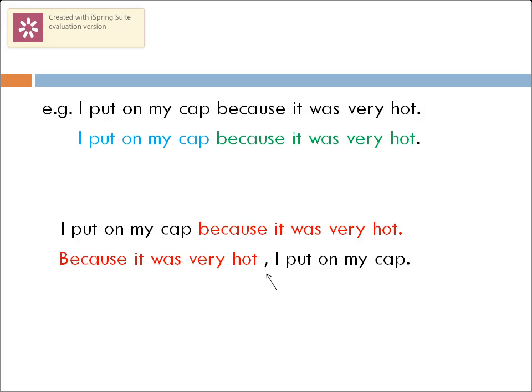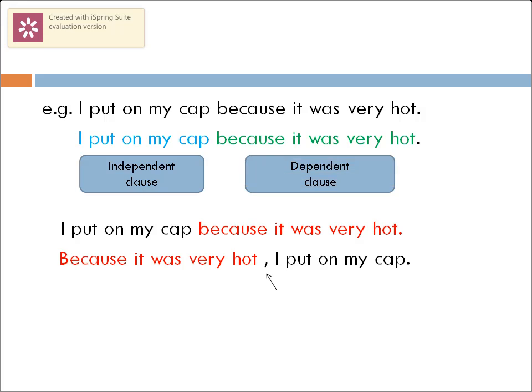Let's look at another example. I put on my cap because it was very hot. I put on my cap is the first clause. Because it was very hot is the second clause. Here too, we find that I put on my cap is the independent clause, and because it was very hot is the dependent clause.